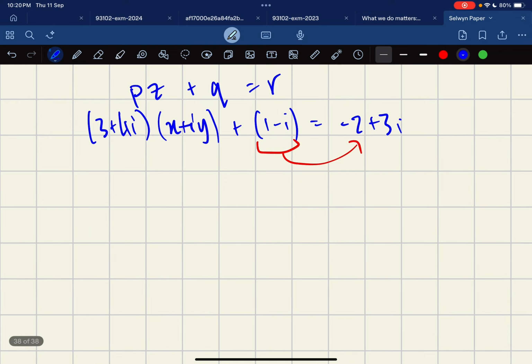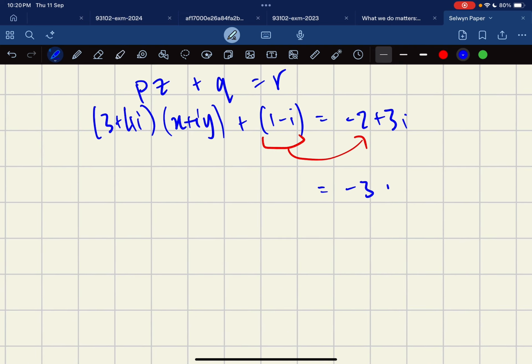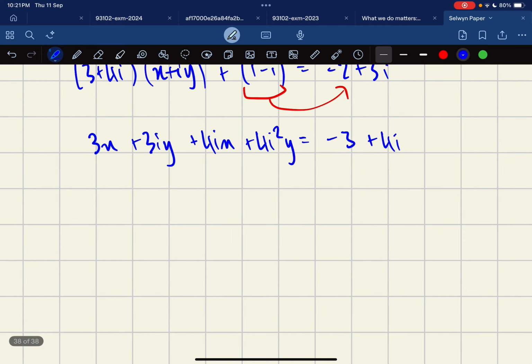So then that gives you negative 3 plus 4i, and then we're left with, we can expand this part over here, gives us 3x plus 3iy plus 4ix plus 4i squared y. The i squared becomes negative 1, so we can just write that as minus 4y.